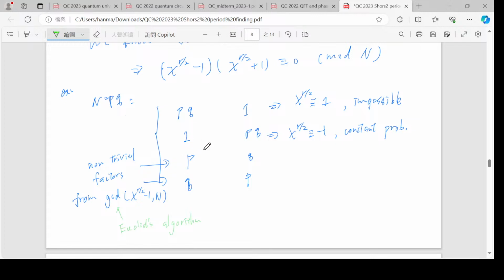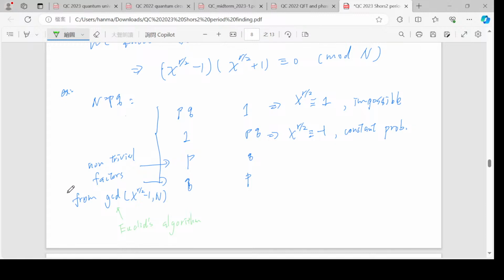So it contains factor p, and so it's not coprime to n, but also not a multiple of n. When you take the greatest common divisor between X^(R/2) and X^(R/2) - 1 and n, then you will get this p or q here. Those are the good cases.